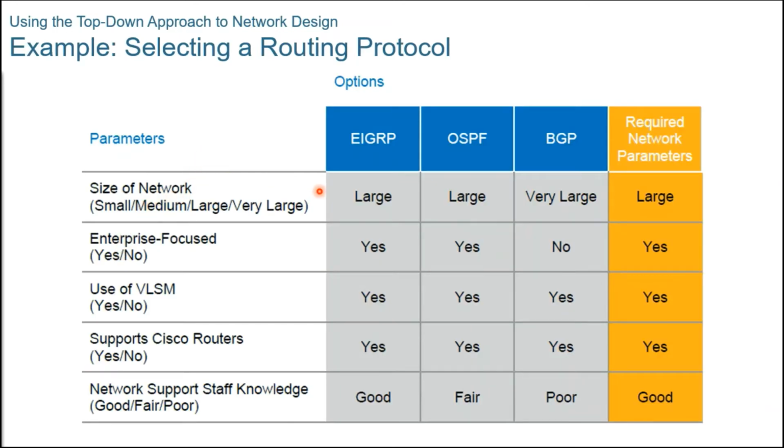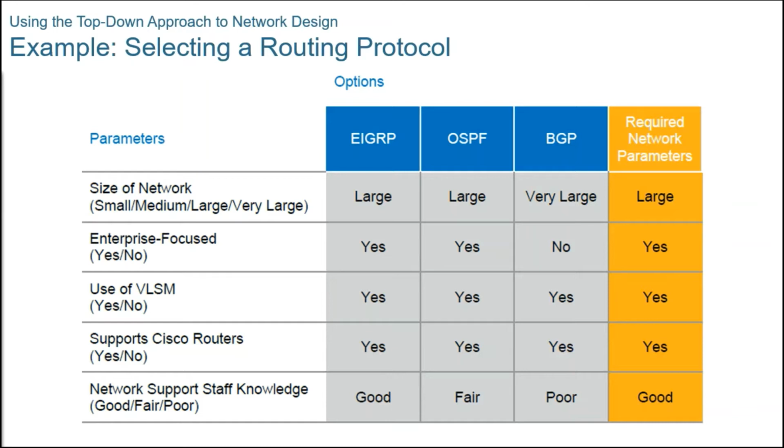So this diagram here is an example of a decision table for selecting a routing protocol based on multiple criteria. Now in this example, several routing protocols are considered, like EIGRP, OSPF, and BGP. So 5 required parameters are listed along with the indication of how well the routing protocols comply with these requirements.